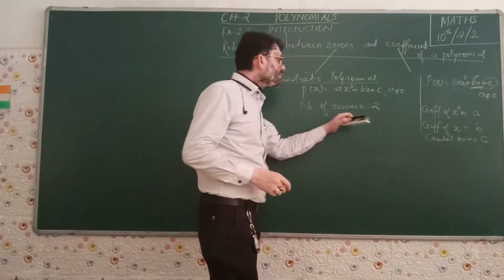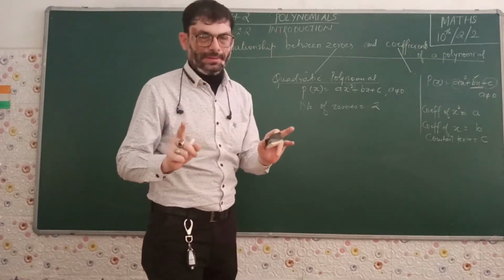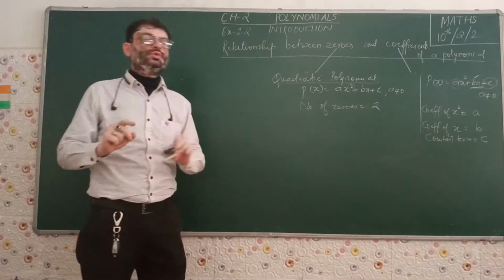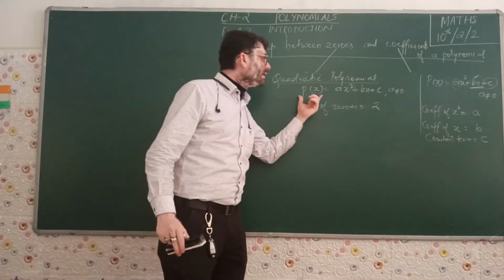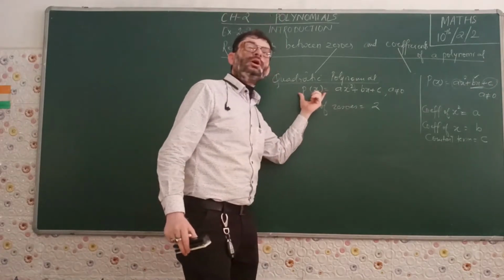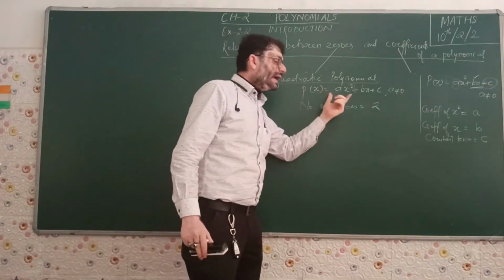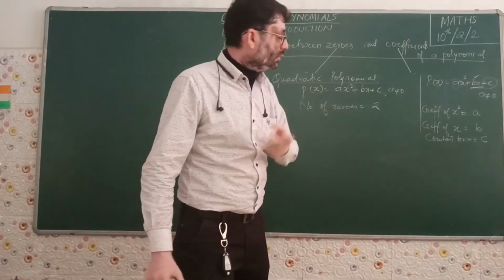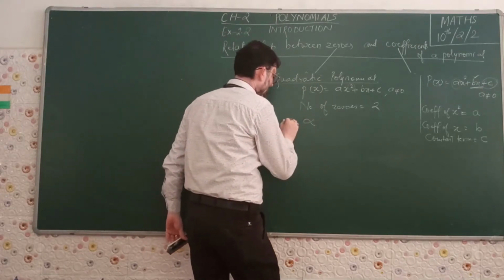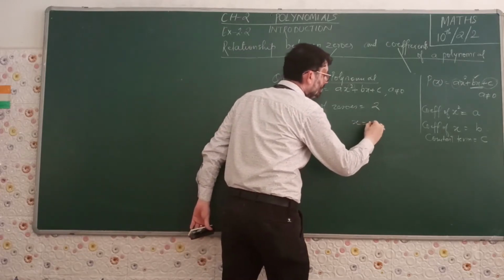If the number of zeros is 2, that means x will have 2 values, and at those 2 values the polynomial becomes 0 if we put those values in the polynomial one by one. Say that one zero is alpha, the value of x is alpha, and the second value is beta.